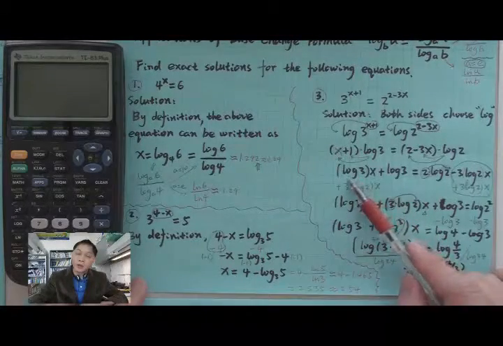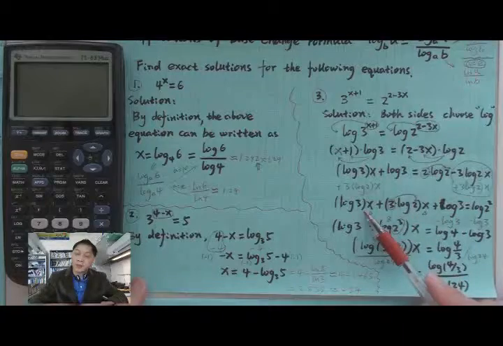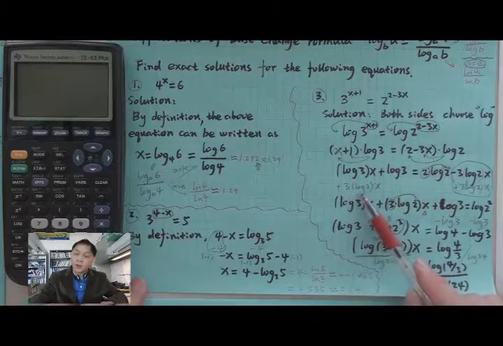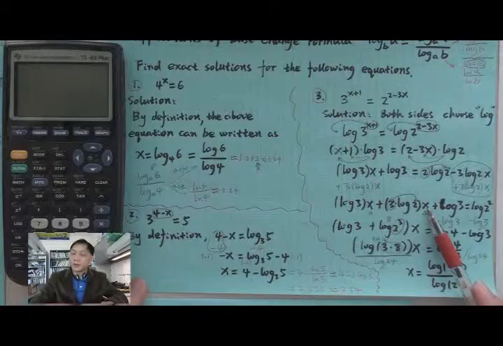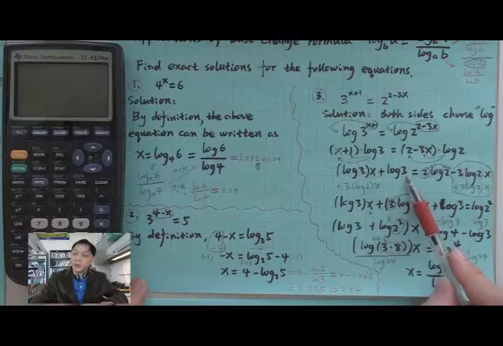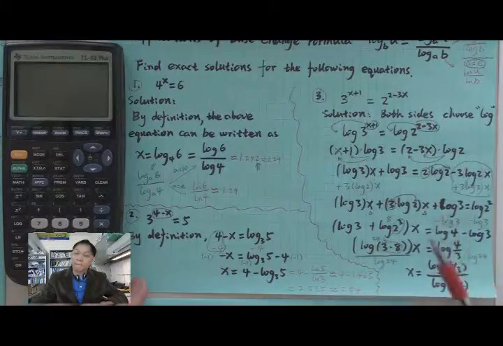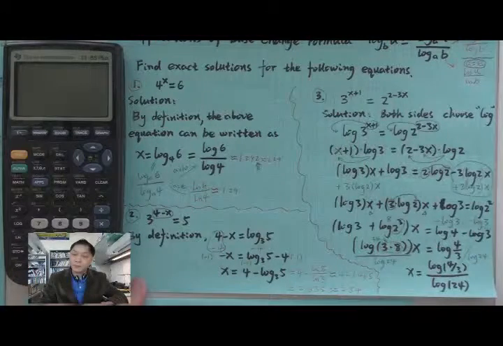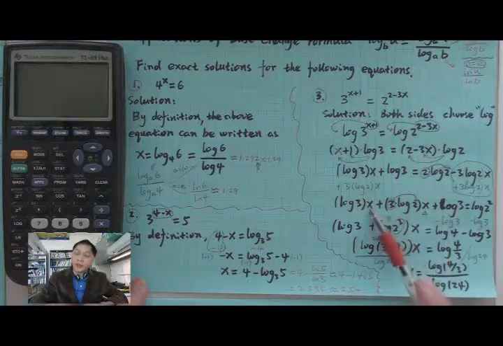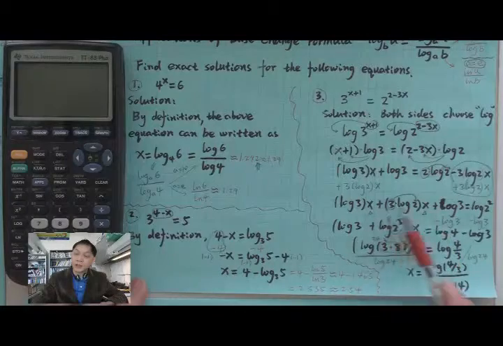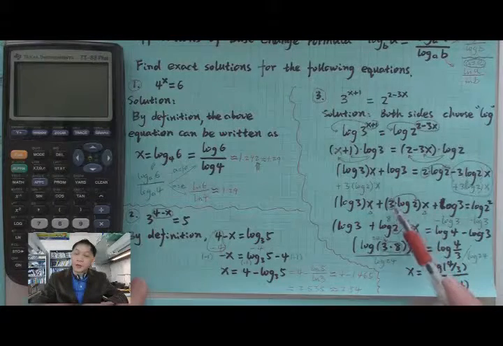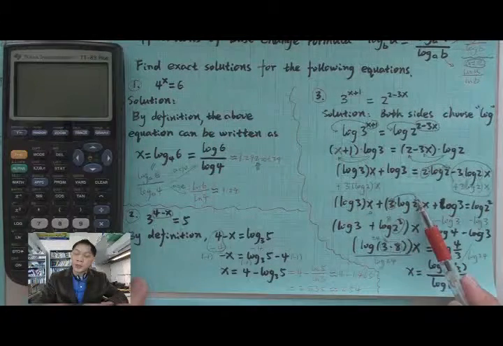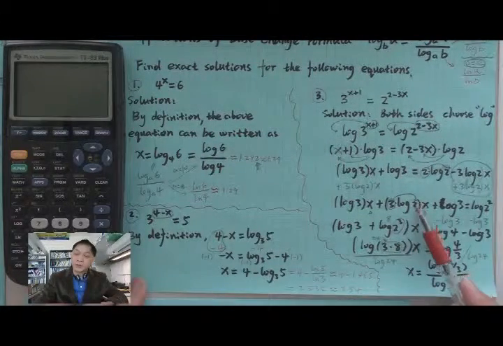Log 3 x, that's here, and here is 3 log 2, and then x is right here. And there was a log 3, so you leave it. Now you have x here, so you can pull x out. Then this 3 can be brought to the exponent place of 2.